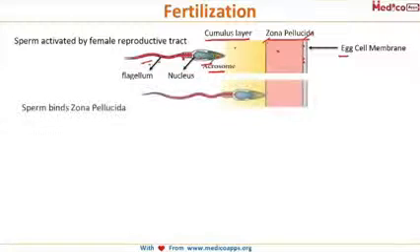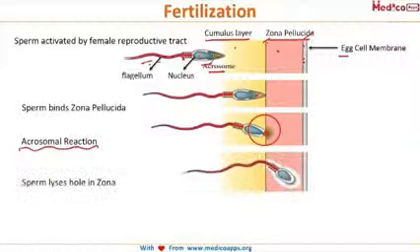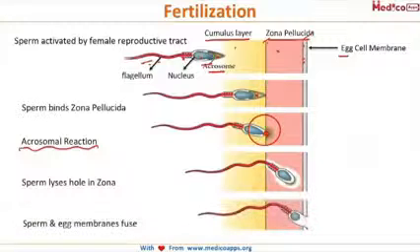Now this sperm crosses the corona radiata and attaches itself to the zona pellucida. It causes the release of enzymes from the acrosome of the sperm and this is acrosomal reaction. This causes lysis of the zona pellucida, thus allowing the entry of the sperm into the secondary oocyte, and then occurs the fusion of the sperm and the egg.